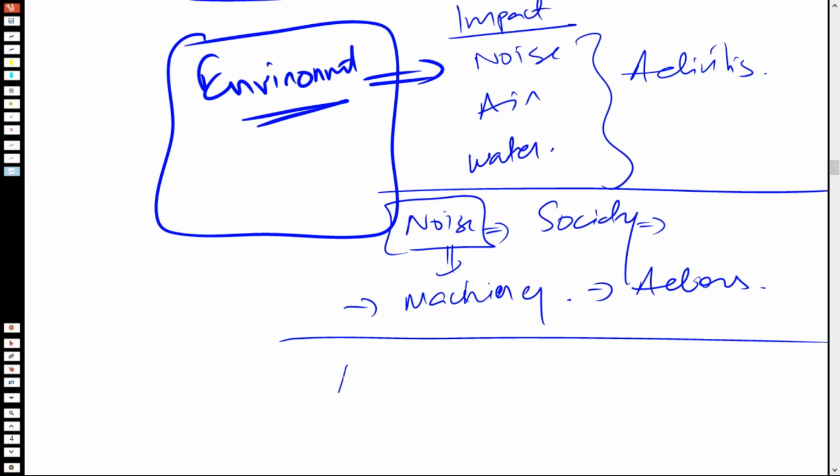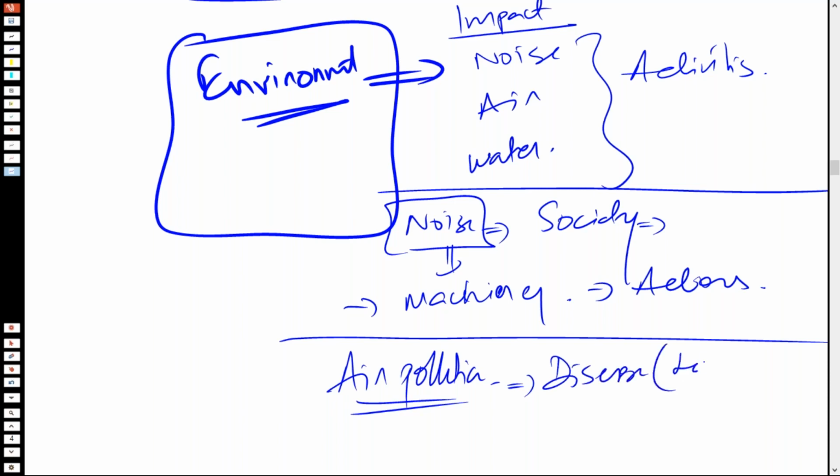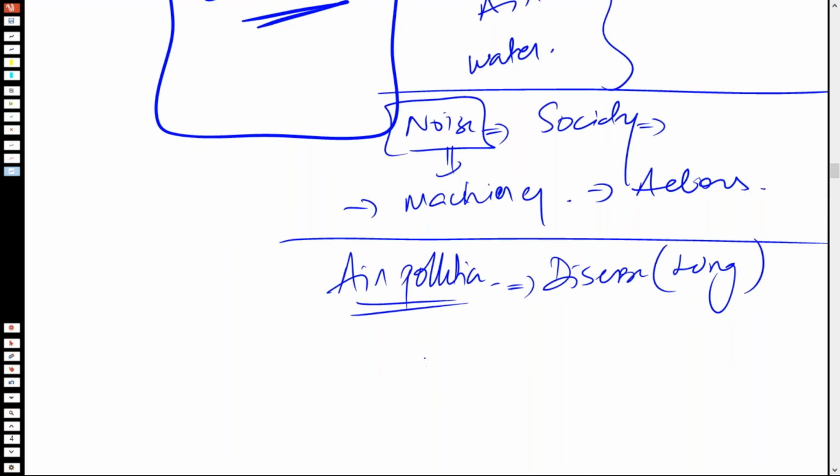The second thing is that if you are causing air pollution, you're again causing diseases to people, and those diseases could be lung disease or other types of disease. There are different types of activities that organizations do to avoid air pollution. For example, organizations use catalytic converters.